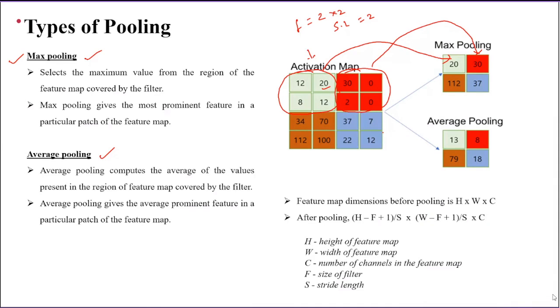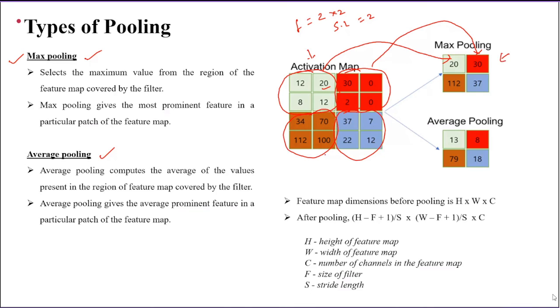This process will continue from left to right, top to bottom, and so on. So this will reduce the dimensionality of the activation map.